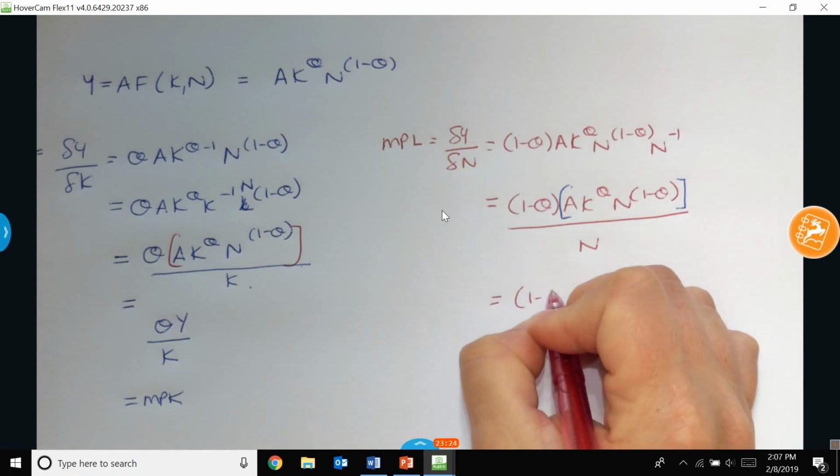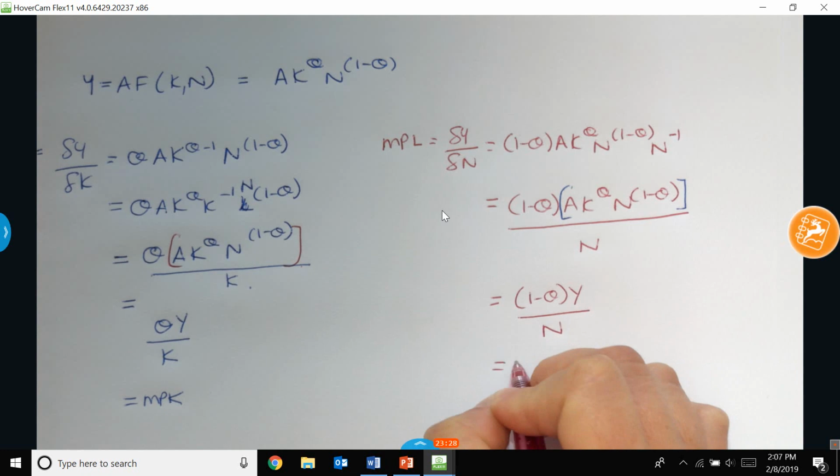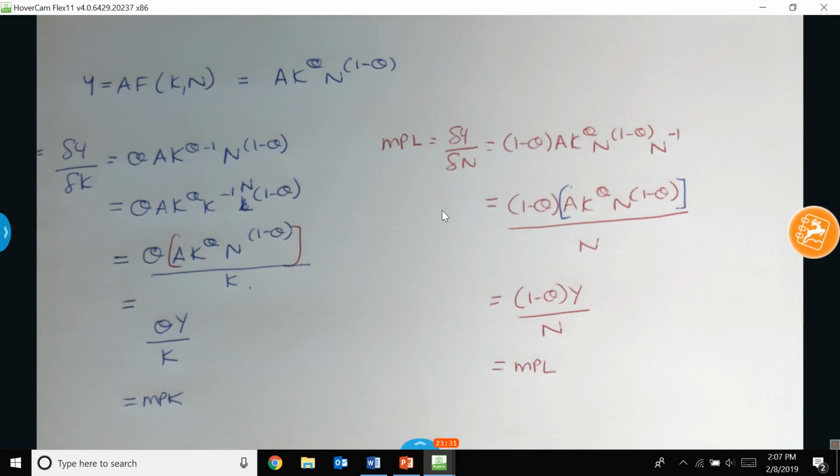So 1 minus theta Y over N is our marginal product of labor. What I've just shown you is how you take the partial derivatives of the Cobb-Douglas function in order to work out the marginal product of capital and the marginal product of labor.